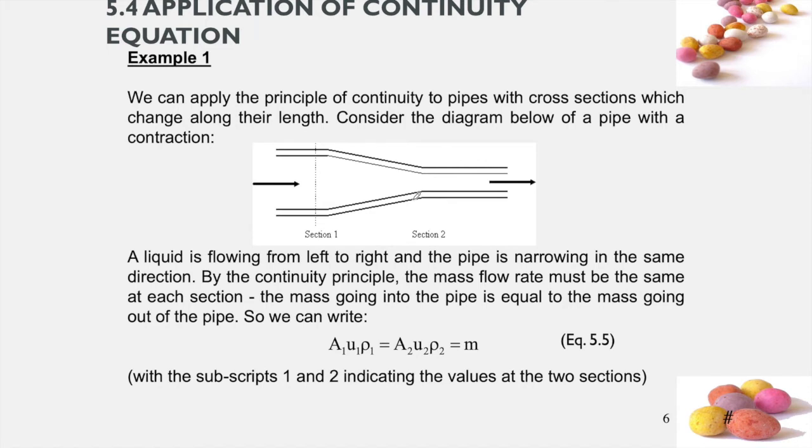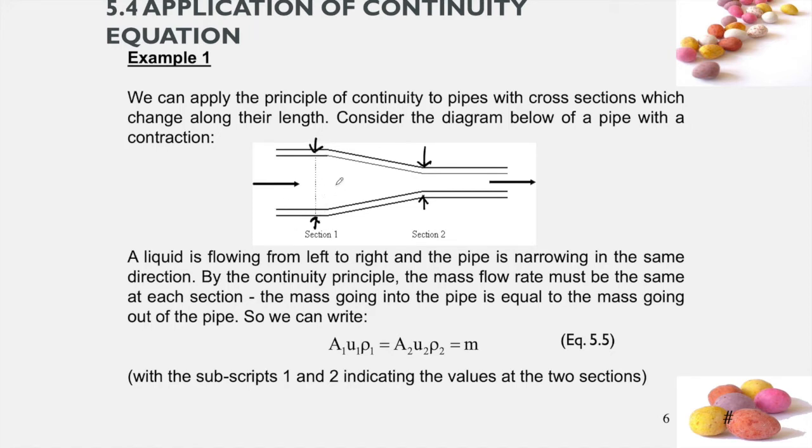Okay, take a look at this example. We can apply the principle of continuity to pipes with a cross-section which changes along their length. As we can see here, the cross-sectional areas for both sections are different. From section 1 to section 2, we can see that there are different sizes of area.